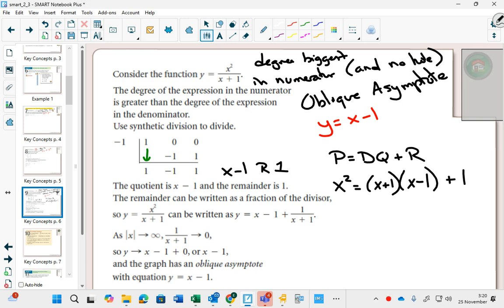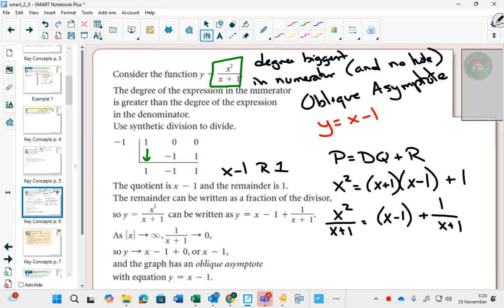If I took my division statement and I wanted to get this by itself, I would have to divide the left side by x plus 1. But if I divide the left side by x plus 1, I have to divide everything by x plus 1. And if I divide this side by x plus 1, well, this would just become x minus 1, because there it would cancel, and I'd be left with this.